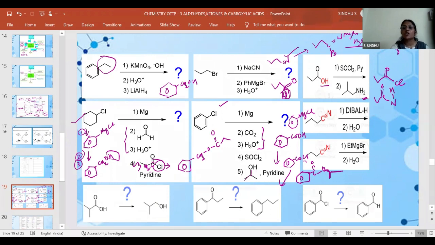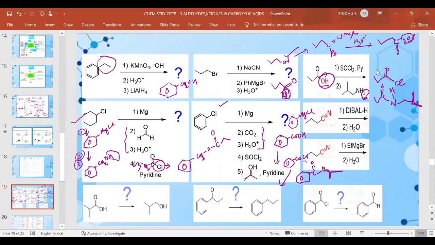So we'll have NH coming in on this carbon, NHCO. This H and this OH eliminate and we have a connection there. This will be the product.